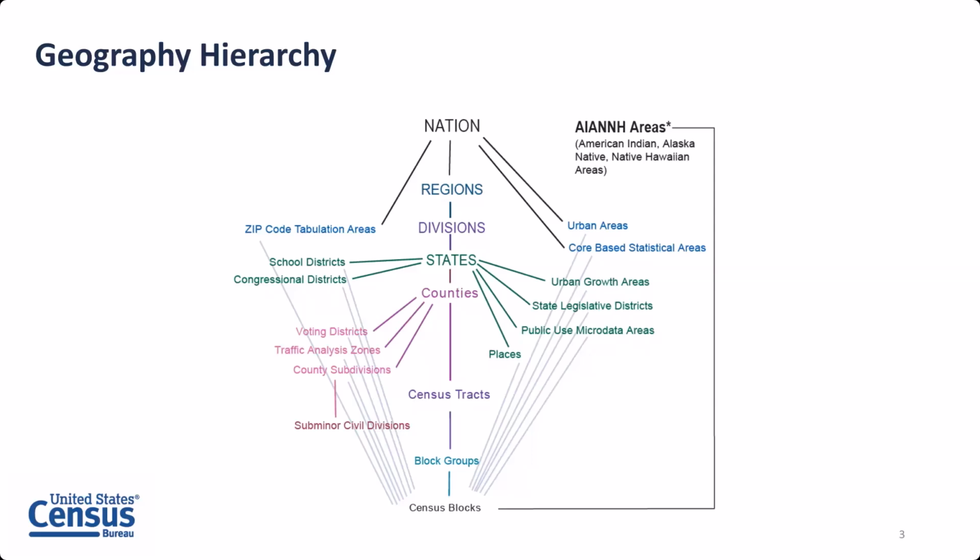So that means that zip code areas are fully contained within national boundaries, but they don't necessarily bear any relationship to other geographies, such as states, school districts, or census tracts, because there are no direct lines connecting those two geographic levels. So the direct lines means that the lower level geography fits neatly within the higher level geography. This is also called a nesting relationship.